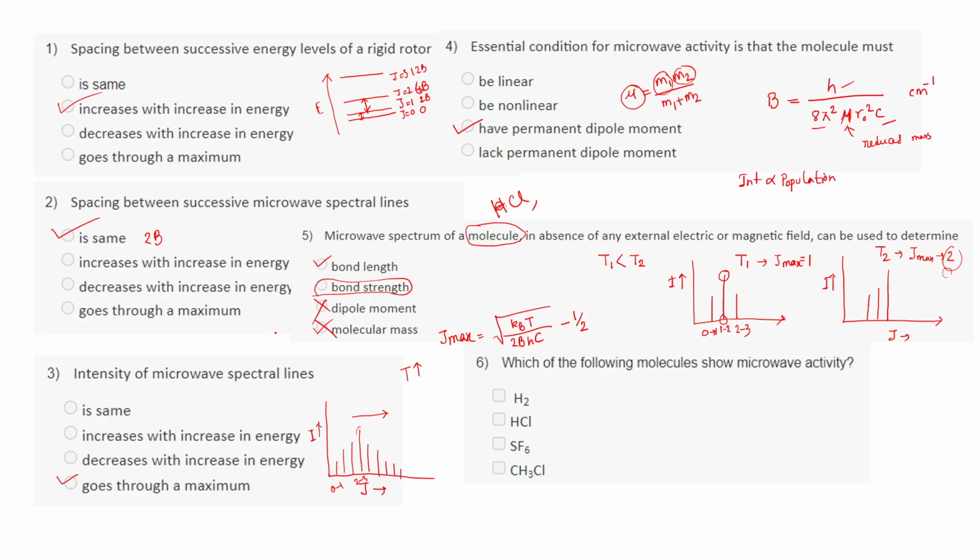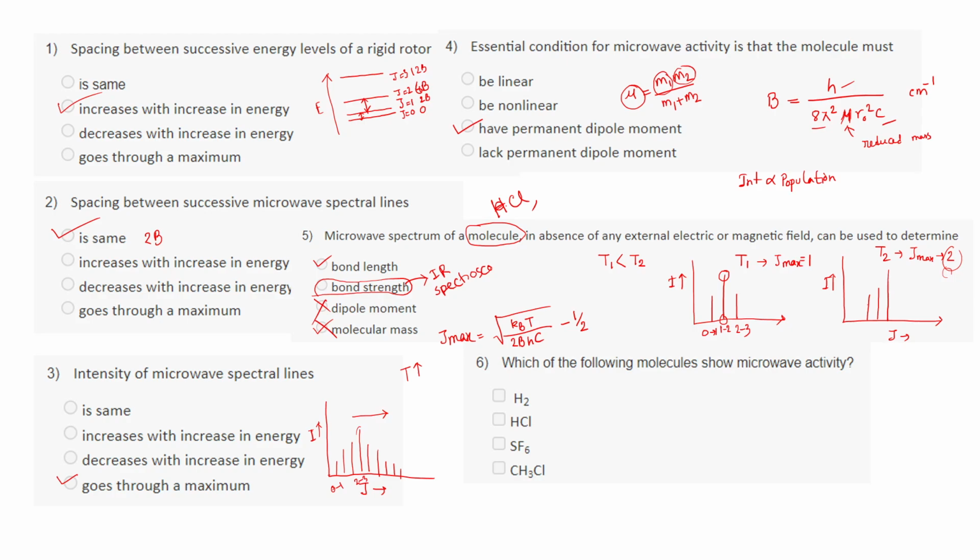So the bond strength you will get from IR spectroscopy. There is going to be something known as the force constant in a bond. The vibration of that bond will give you IR spectroscopy. So that you will read.